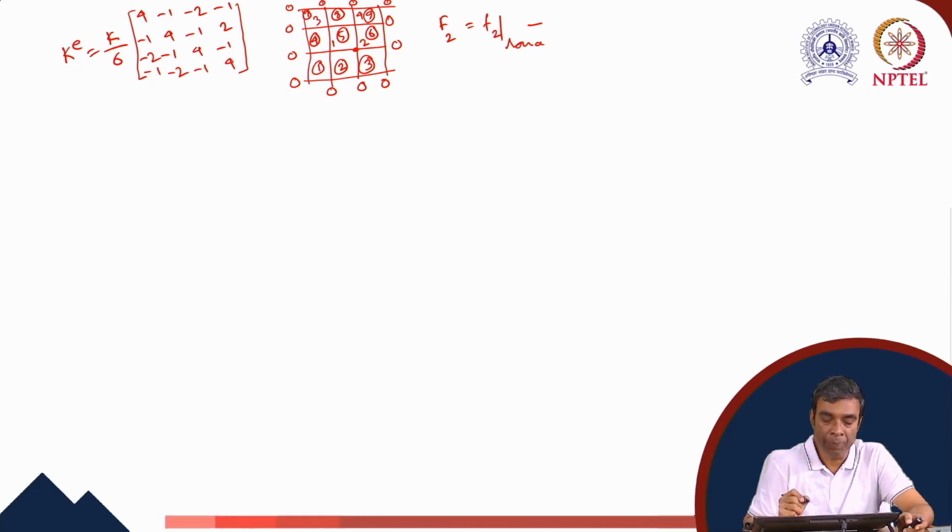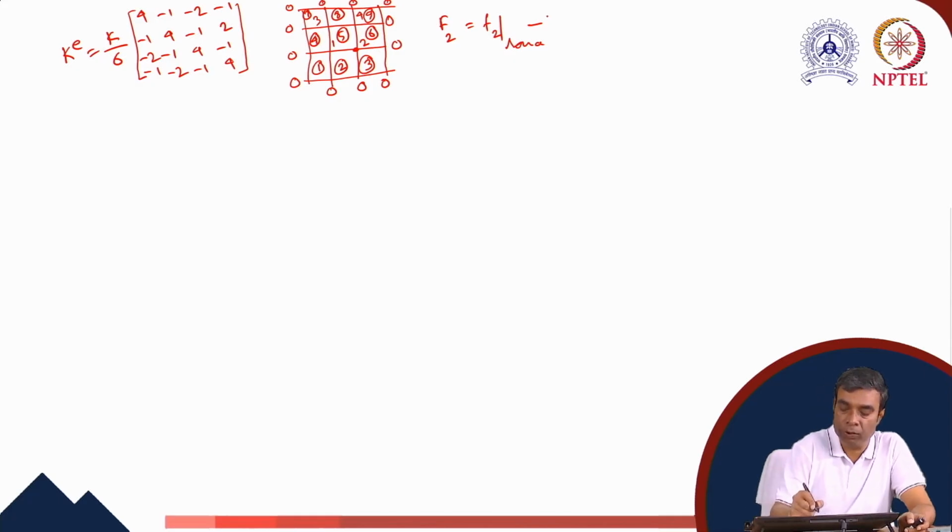So our I will be 3, E will be 2, and B will be 1 and 2. So we have minus K 3 1 2 T 1 2 minus K 3 2 2 T 2 2. This is the contribution from element 2.